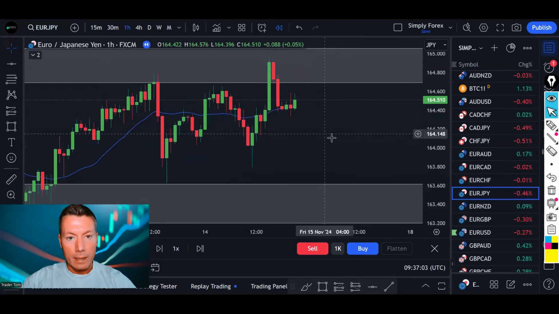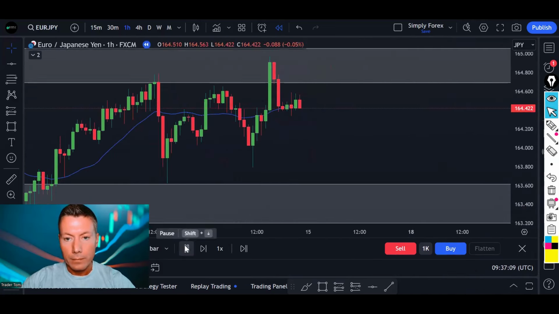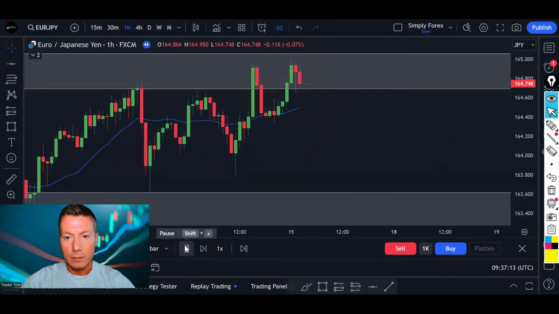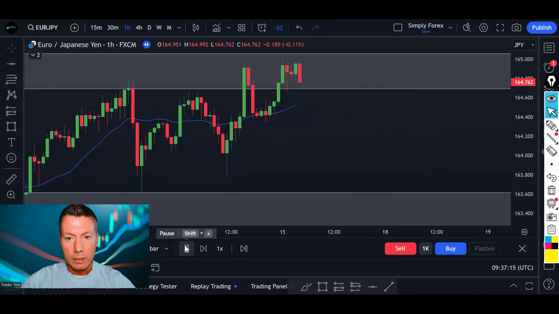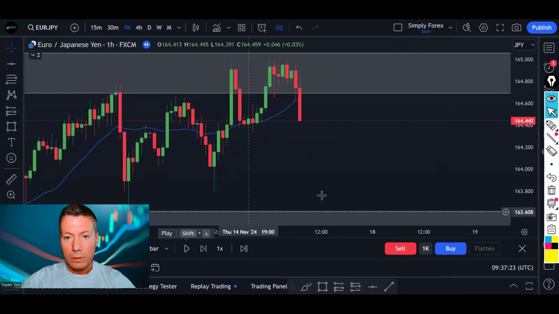Okay, and now let's just play this along out of curiosity. Okay, so it holds on to those highs, still looking for at least an H1 structure break. Yep, still haven't got one. Okay, I would say we've got an H1 structure break here, but then straight into this support level.